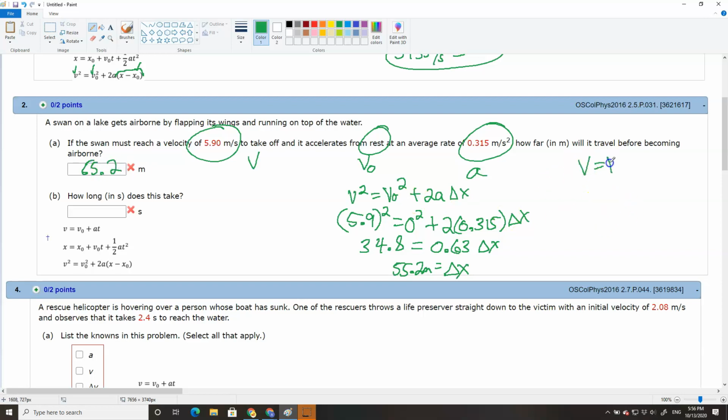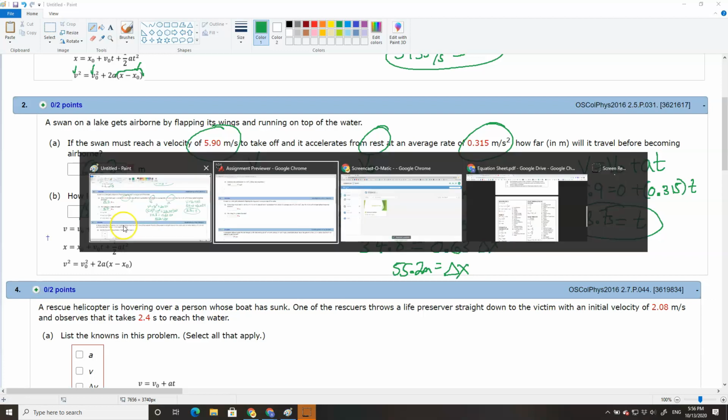To solve the time, we'll use the first equation. 5.9 is 0 plus 0.315t. 5.9 divided by 0.315 gives us a time of 18.7 seconds. So this is an incredibly slow swan. So the answers are 55.2 and 18.7.